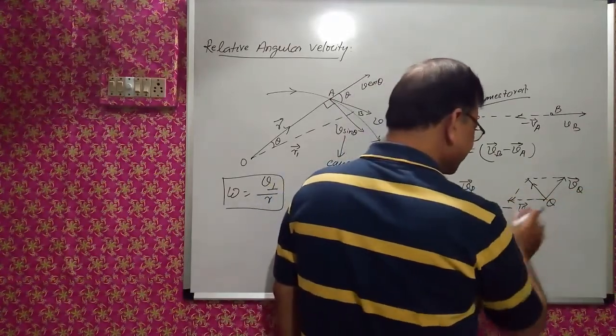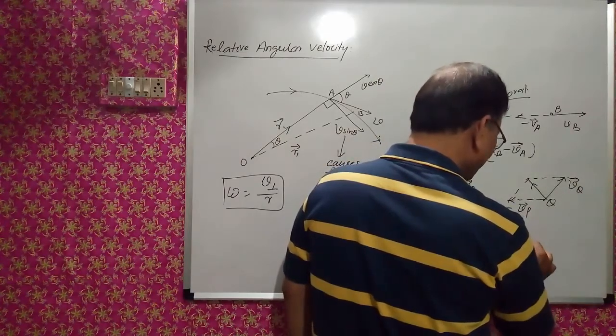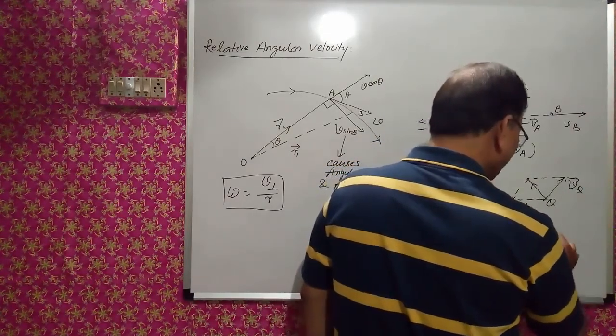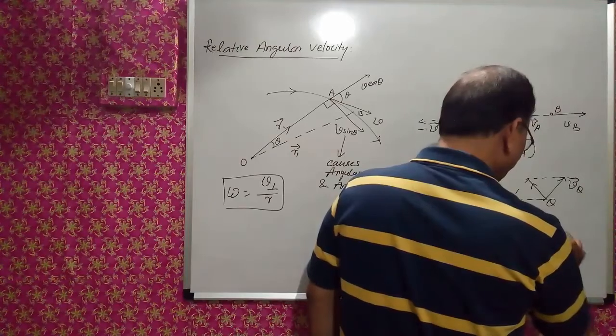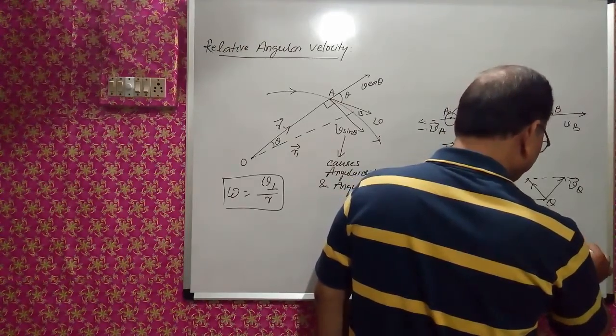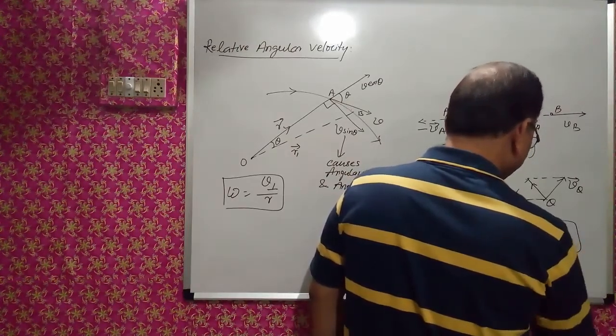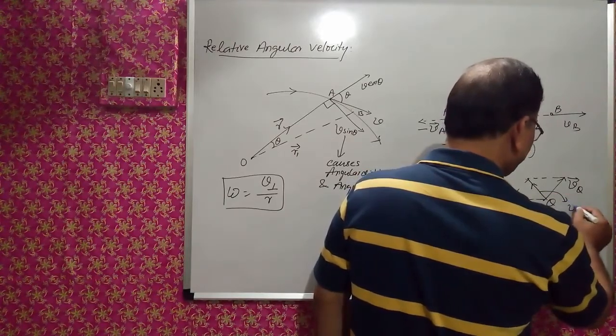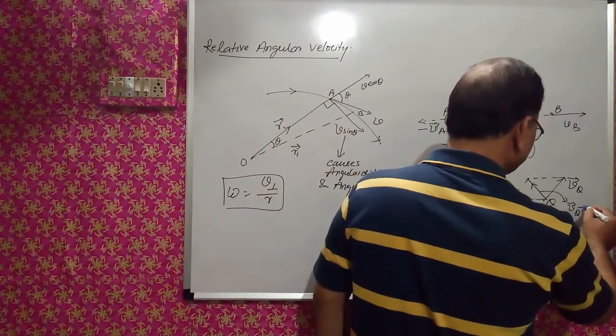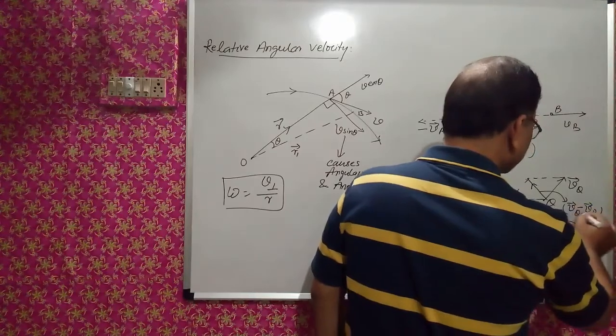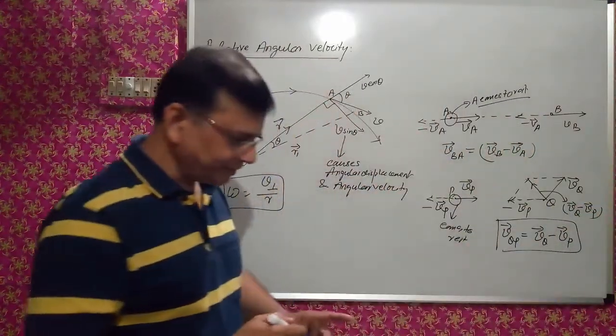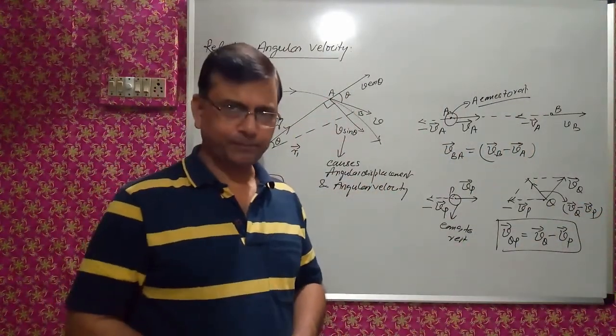So the velocity of Q with respect to P is the vector sum of VQ minus VP. This way, we find the relative velocity of linear motion.